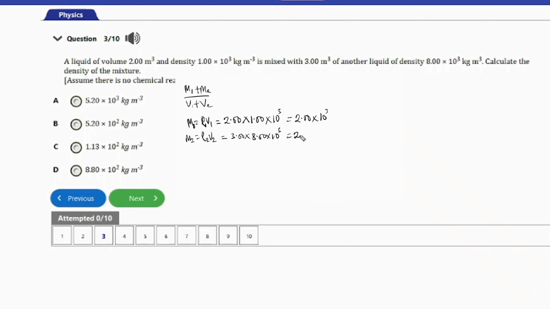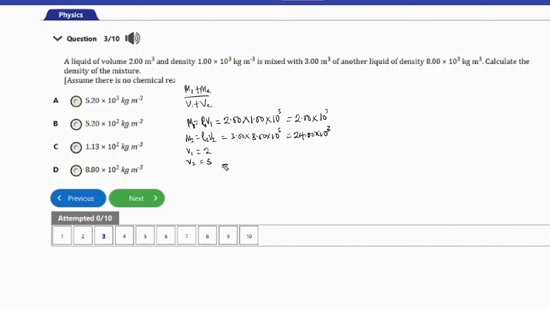So 3 times 8 is 24. So we're going to have 24 times 10 to the power of 3 for mass 2. So for the volume, volume 1 is 2, while volume 2 is 3.